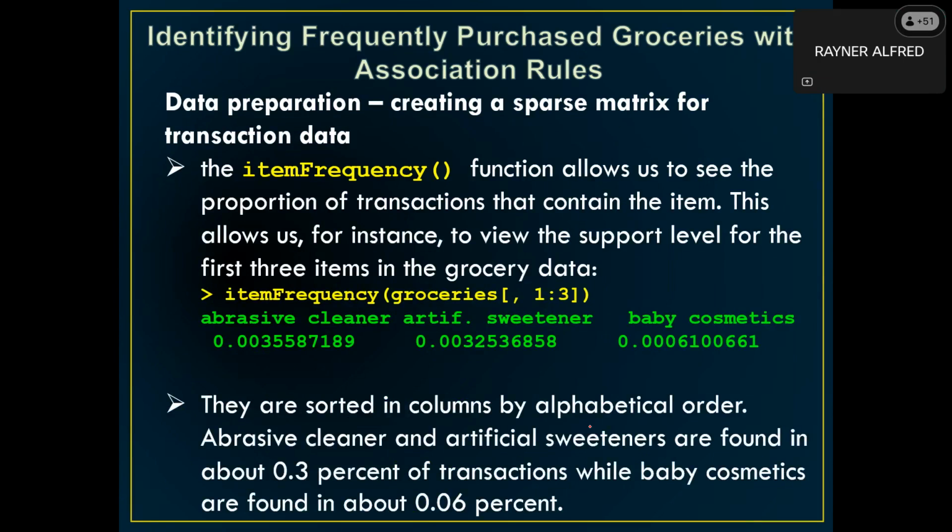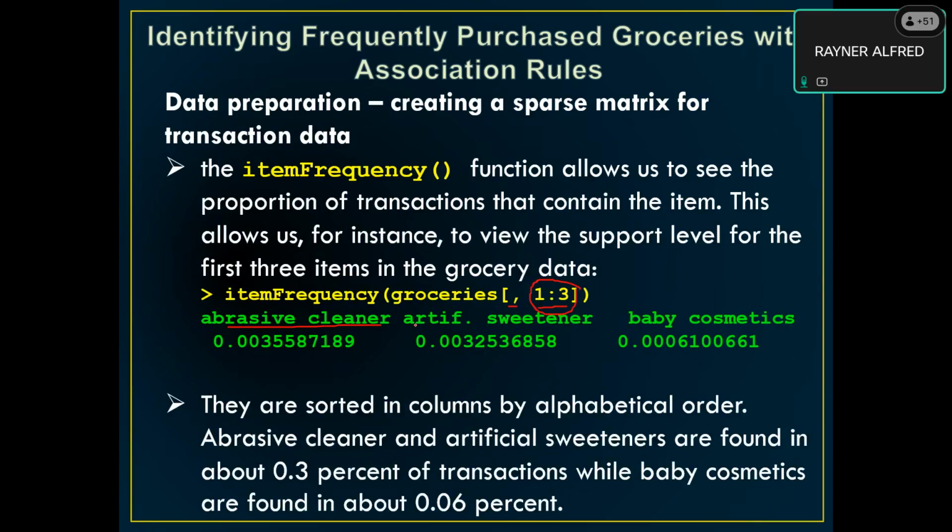And we can also look at the frequency of this. This is the row index, and this is the column index. Over here we are looking at the items stored in columns 1 to 3.